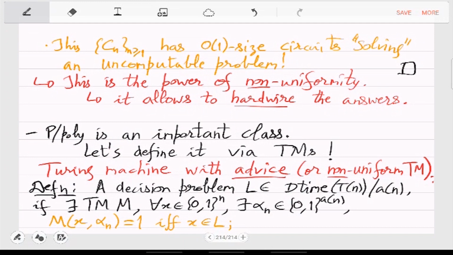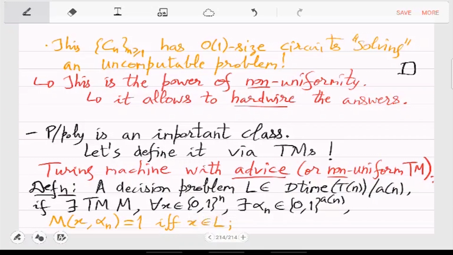The key thing here, the difference from NP, is that this alpha n doesn't depend on x. It only depends on its length. It is not a function of x, it's only a function of n.